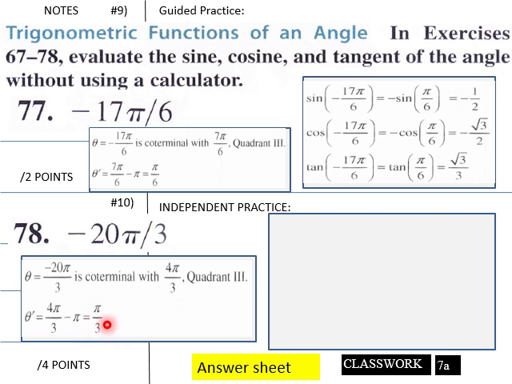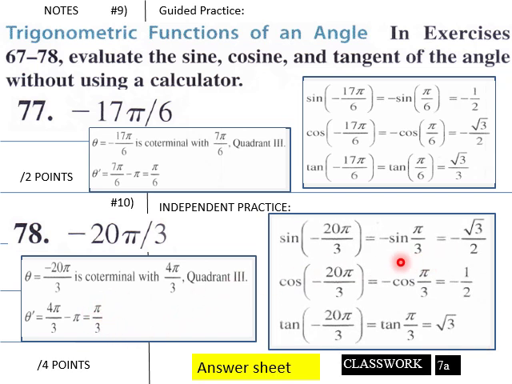So now we're dealing with a 30, 60, 90 triangle, and then pi over 3 would be a 60-degree angle. So your other functions here for this would be negative square root of 3 over 2, and then negative cosine of pi over 3 would be negative 1/2, and then tan pi over 3 would just be square root of 3 for that.